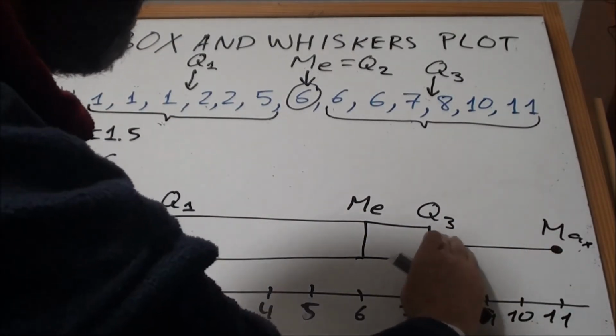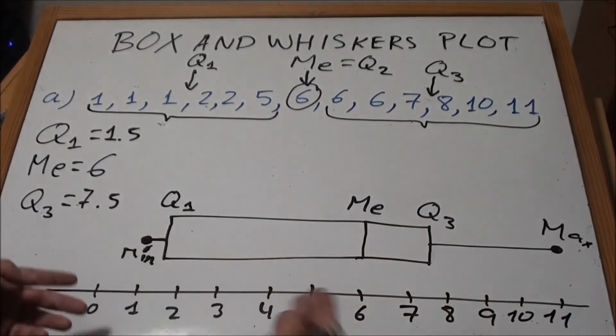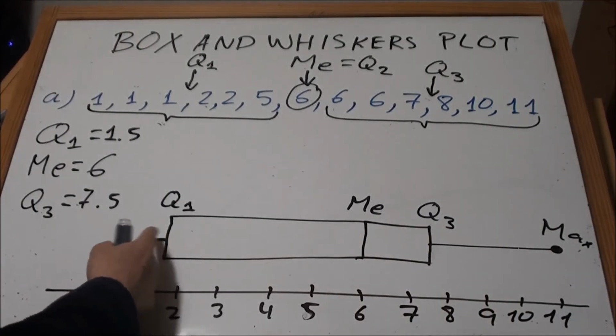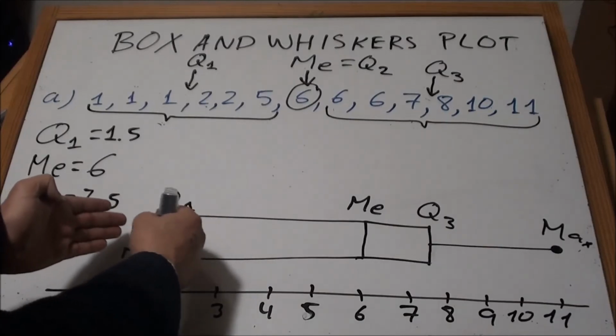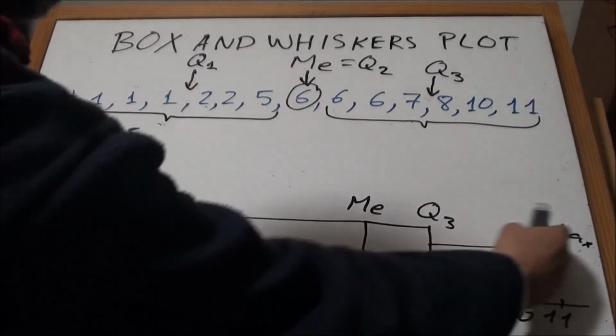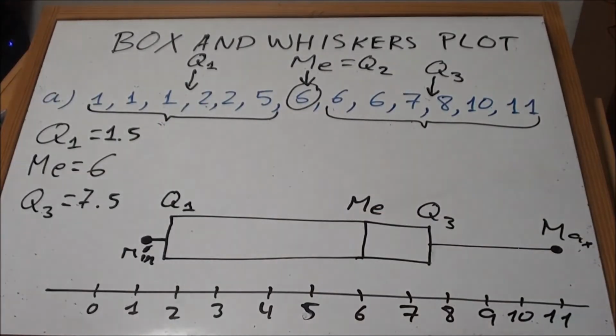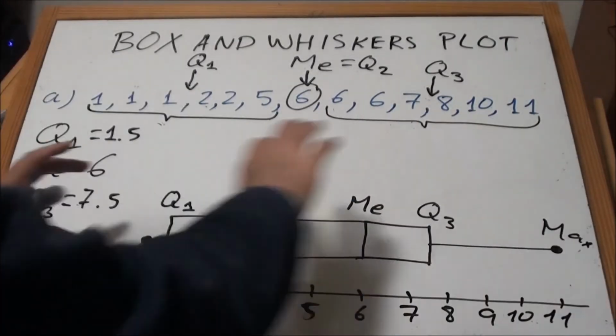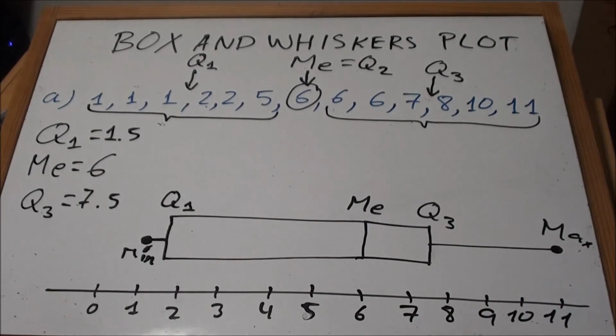So here the data are more dispersed than here. We can say that the lower part is more concentrated with data than the upper part. Okay, so we can extract a lot of information just from the box and whiskers plot. And as you can see, it's quite easy to draw.